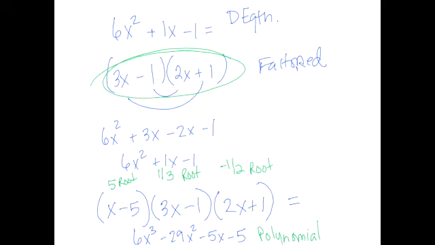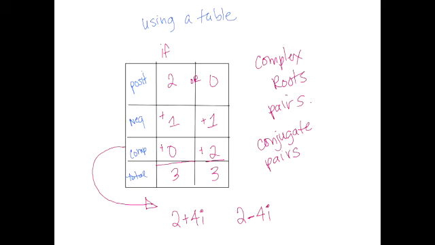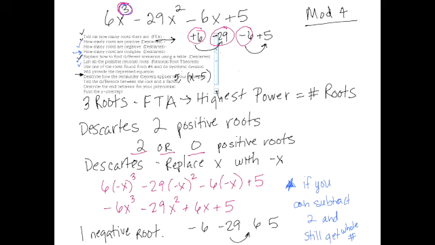This is your negative root right here. There is 1 negative root, and these are your 2 positive roots. 5 is a positive root, 1/3 is a positive root, -1/2 is the negative root. So in other words, back here on this table of values, this is the scenario that we actually had. Okay, let's finish up these questions.